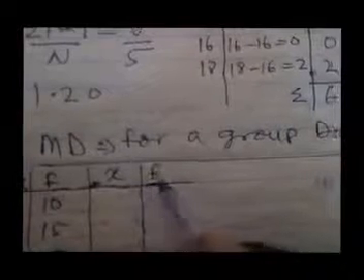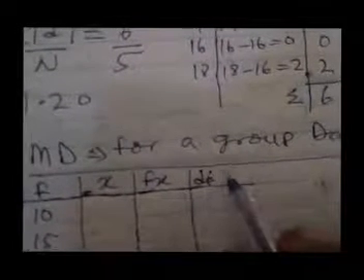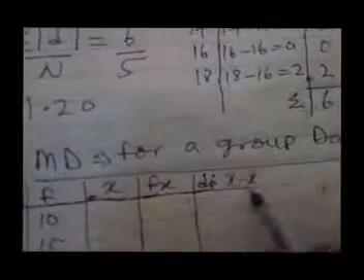Now we need to find x, then f of x, then our d, that's the difference, which you all know as x minus mean, then f of d.